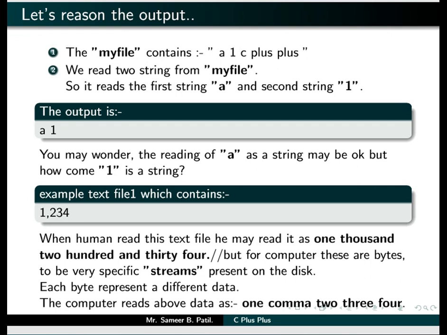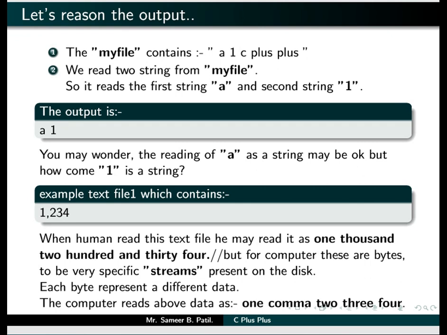Here let's understand there is a file, file1, for the sake of example, and it has data 1 comma 2 3 4. When a human being reads this data in a file, let's say we have opened this text file, file1, which has 1 comma 2 3 4, then obviously one may read it as 1234. But it is not the case with the computer.